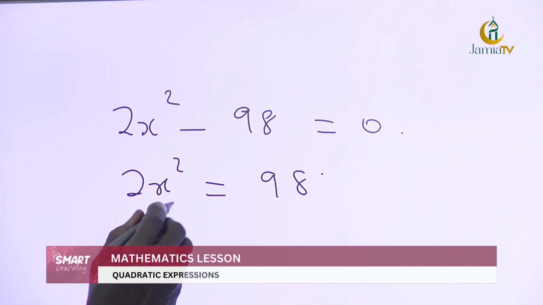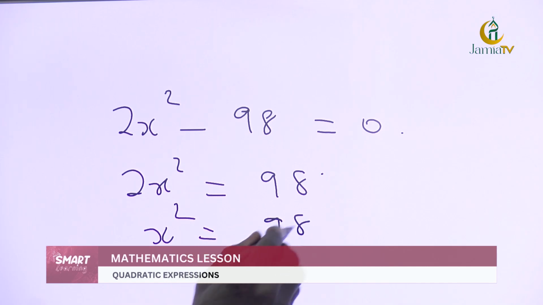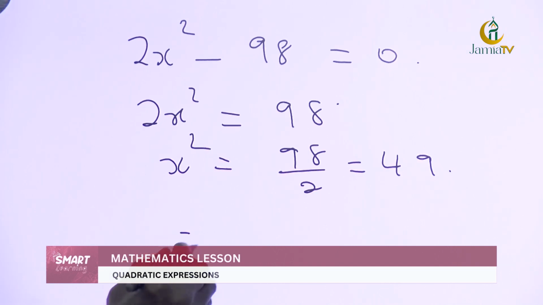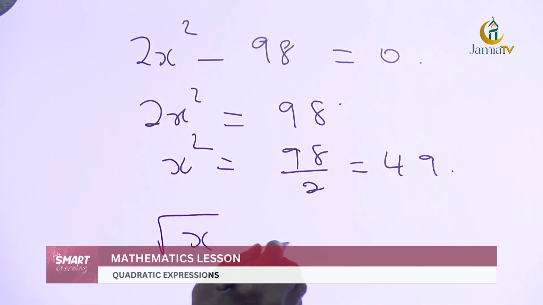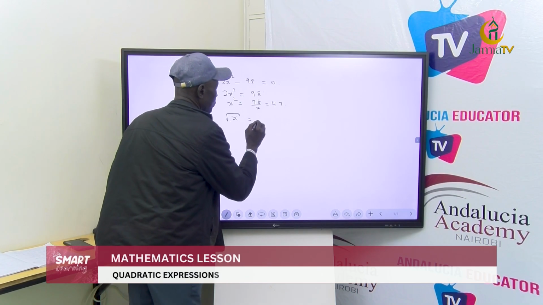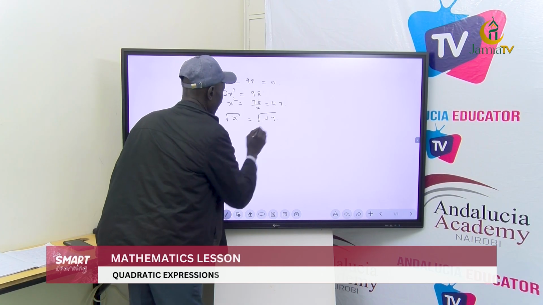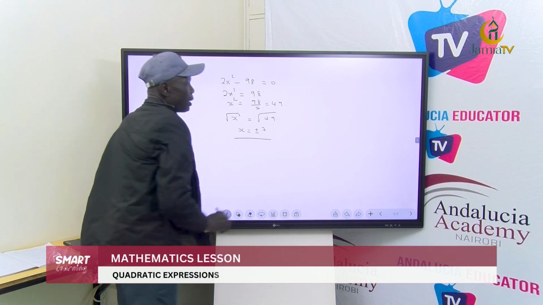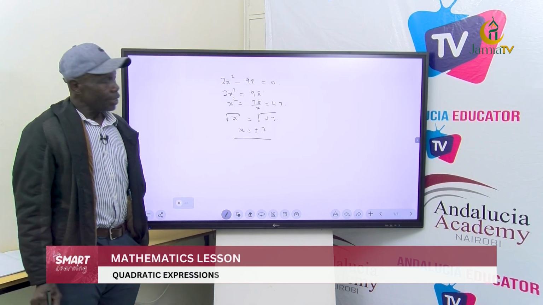And then my x squared equals to 98 over 2, which will be 49. So my x, taking square root on both sides, is equals to the square root of 49. So x is going to be equals to plus or minus 7. In this particular case, this one is okay. But we could have done it the other way.